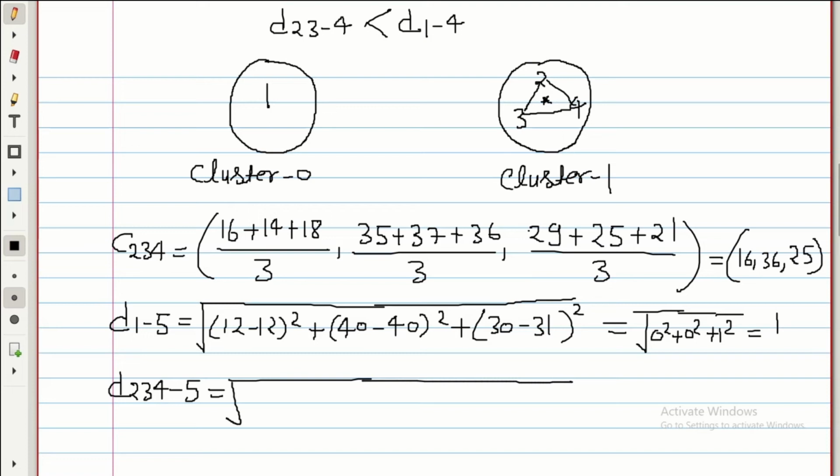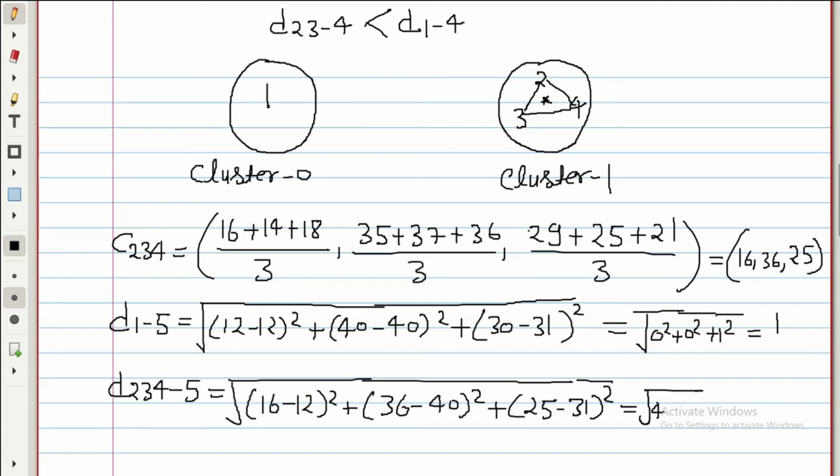So (16 minus 12) whole square, (36 minus 40) whole square plus (25 minus 31) whole square, that would be equal to 4 square plus 4 square plus 6 square, that would be equal to under root 68.